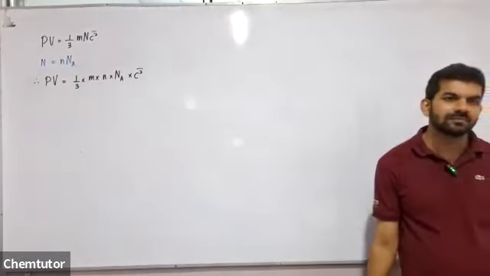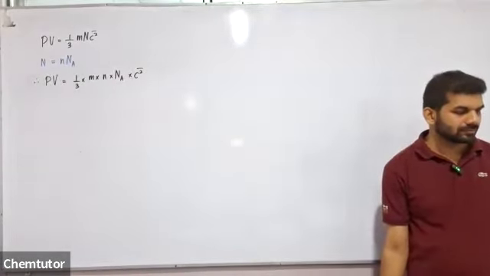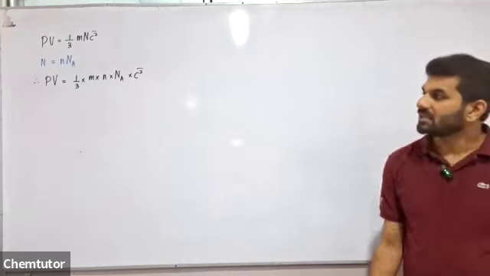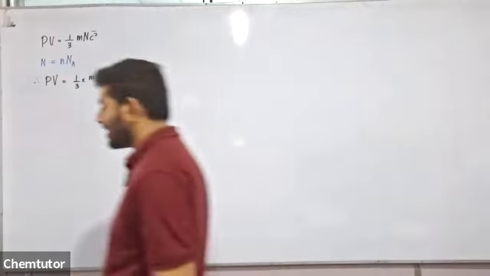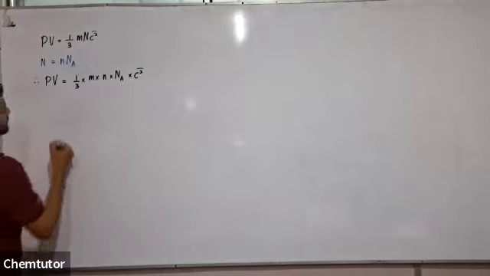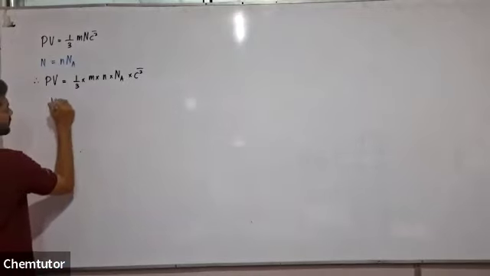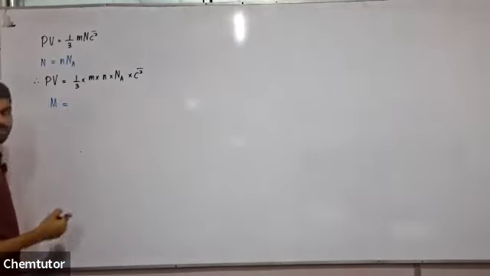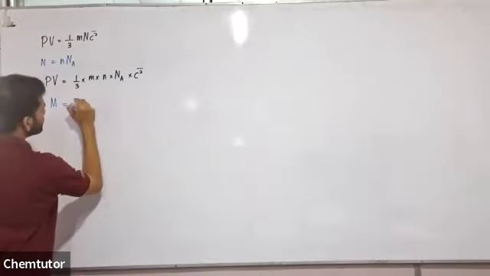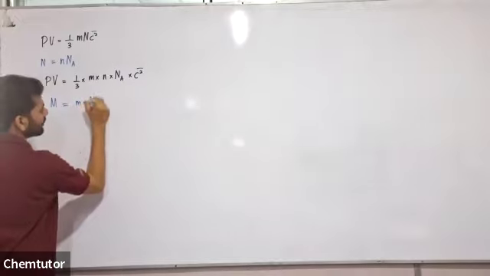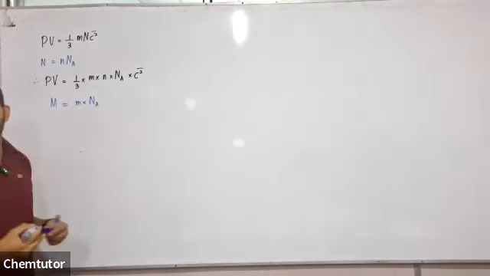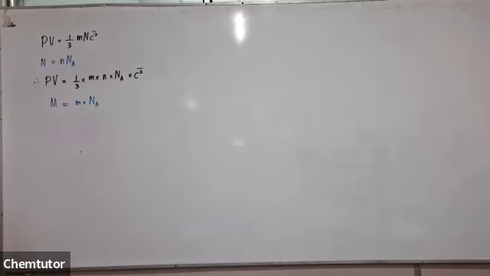Did you get it? There is another relationship: the molar mass of a given substance equals mass times the Avogadro constant. Is it clear?